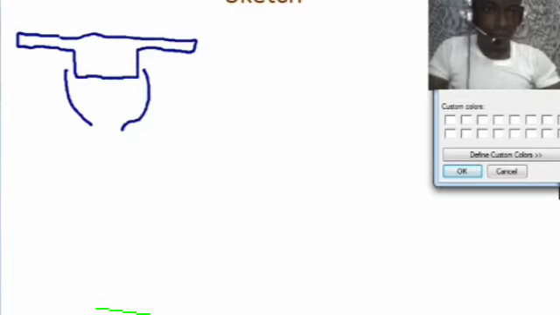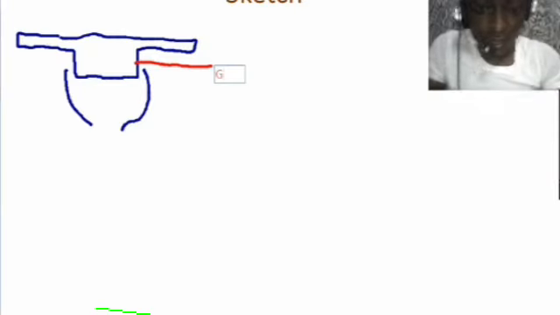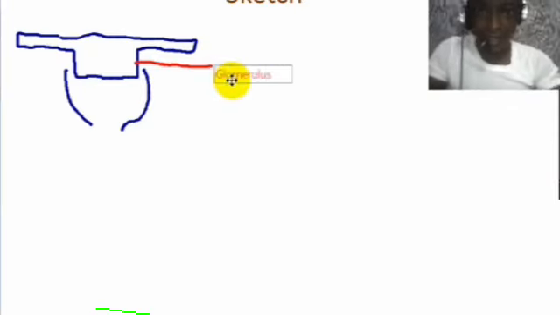So I'll just label the parts. This is the glomerulus, and this part is the Bowman's capsule.